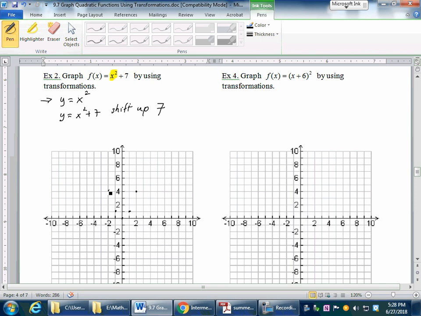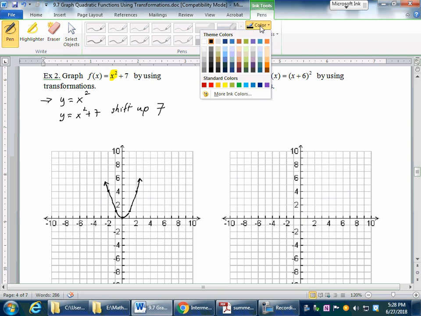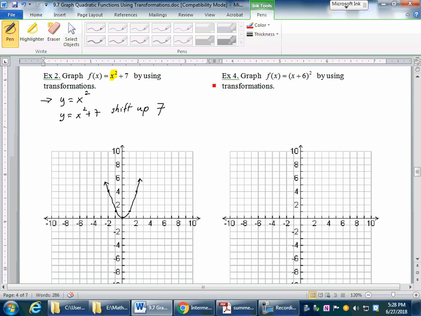Now we're going to shift this parabola upward 7 units. So when I shift this point up 7 units, it will become right here. When I shift this point up 7 units, it will become right here. And if I shift this point up 7 units, that will become 11.